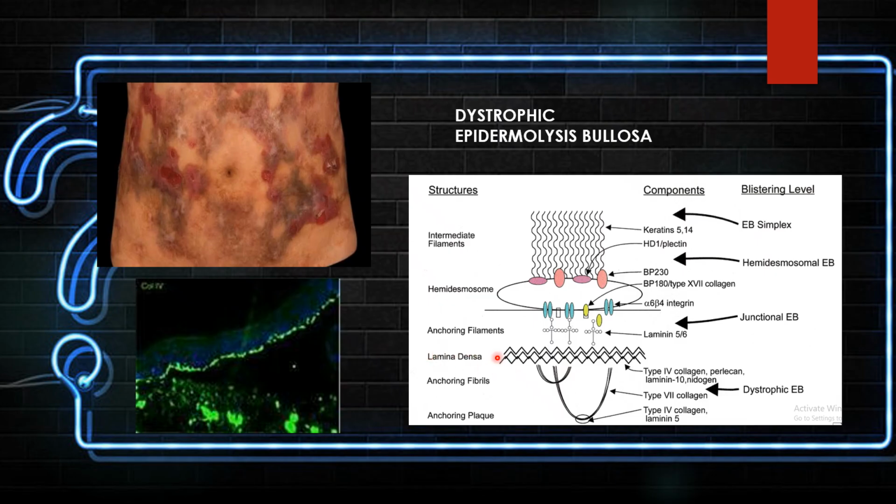So what happens if there is a blister? In dystrophica epidermolysis bullosa, the blister will be deep to this lamina densa layer, and hence type 4 collagen, which makes most of the lamina densa, will be stained at the roof of the blister, while the other two, epidermolysis bullosa simplex and junctional epidermolysis bullosa, will have staining of the floor of the blister.